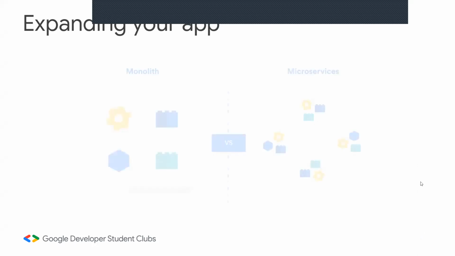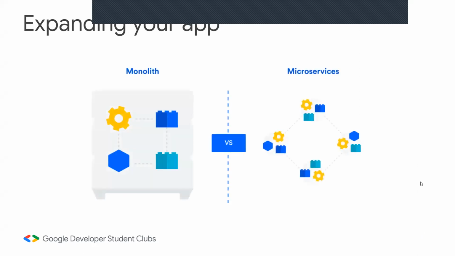I basically wanted to talk about when you're expanding your application, you have a bunch of decisions to make, especially when it comes to new features. The two really modern approaches to expanding an application are either the monolithic route or the microservices route. This is especially important when you're using stuff like Google Cloud and AWS and cloud computing in general.